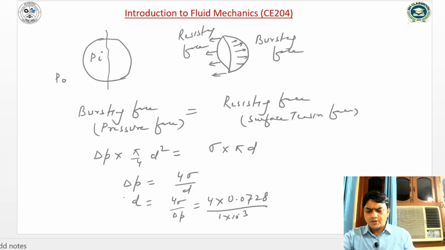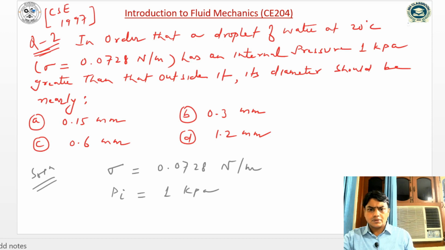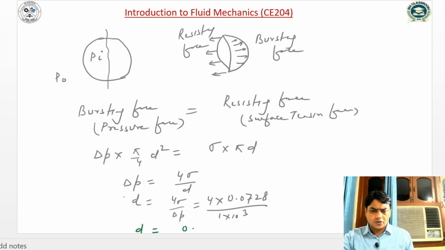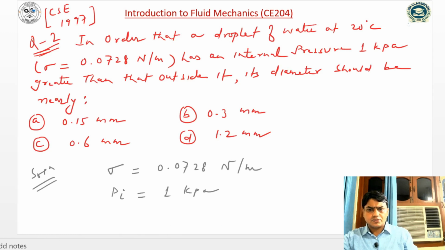So the diameter will be 4 into 0.0728 divided by 1 into 10 to the power 3. So it is coming 0.29 into 10 to the power minus 3, so the diameter is approximately 0.3 mm. So option B is correct.